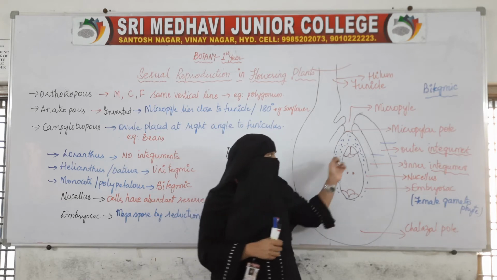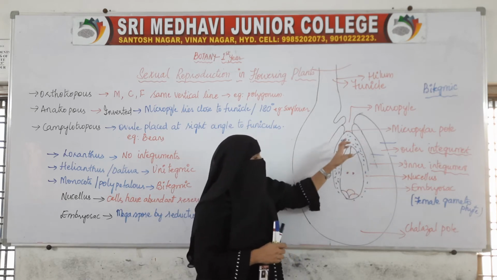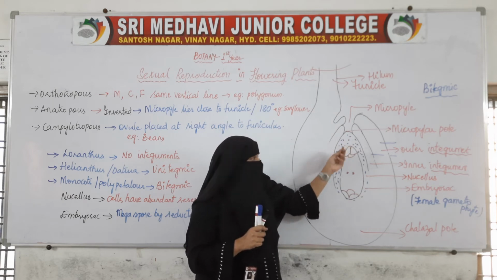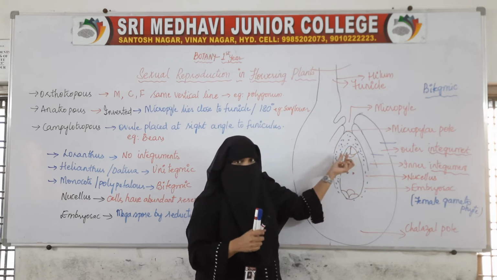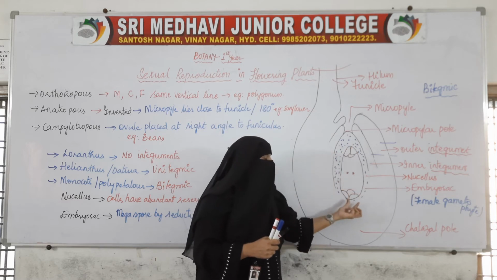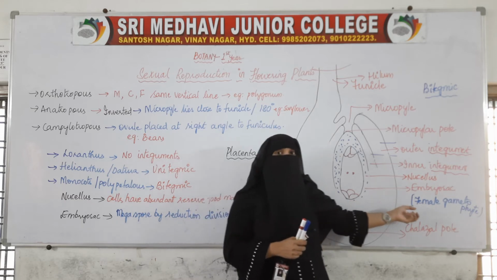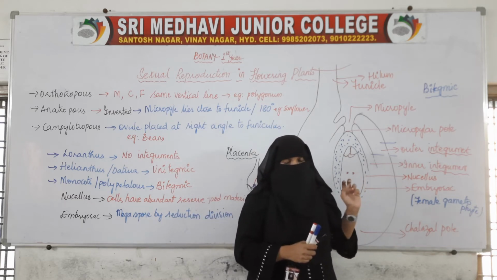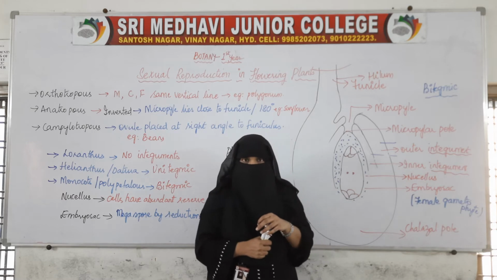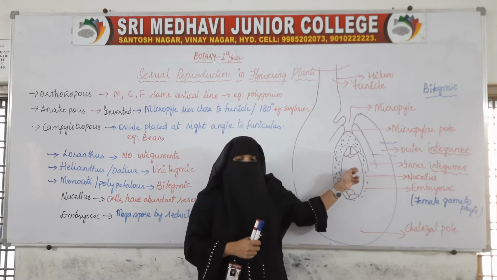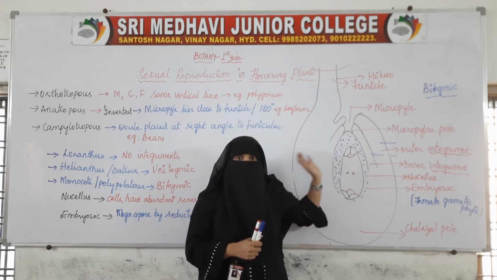Because of that reduction division, and later on many changes, this embryo sac will be formed, which is nothing but the female gametophyte, and in this female gametophyte, the female gamete will be produced.